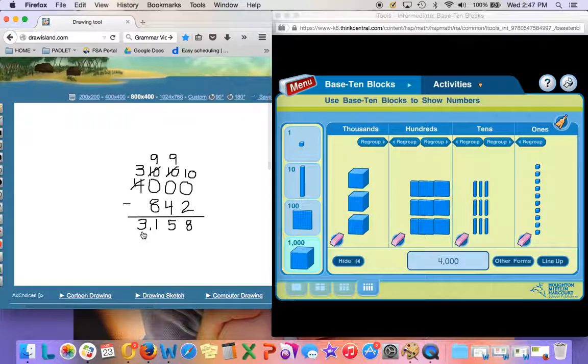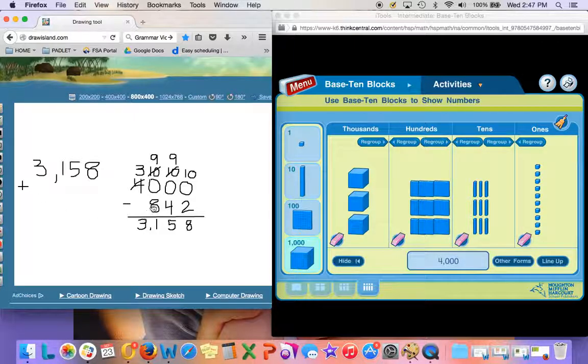If I take my inverse operation, I think of it as going in reverse. If I take 3,158, starting at the bottom, inverse, reverse. The inverse operation of subtraction is addition, so I'm going to add.